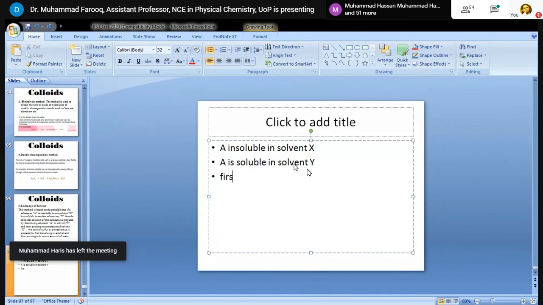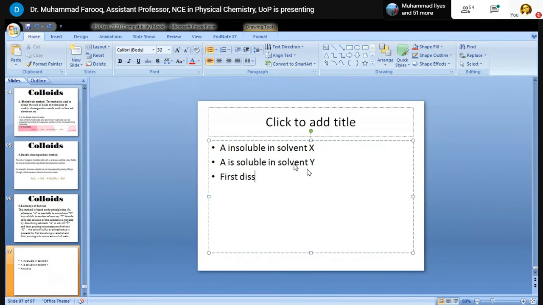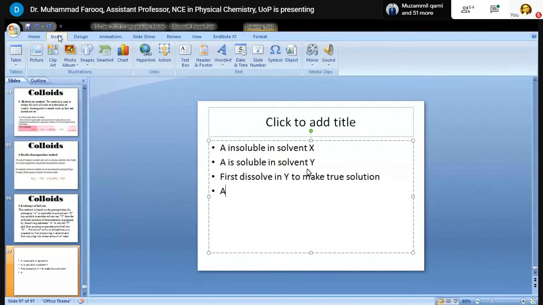First, dissolve A in Y to make a true solution. Is it clear or not? Yes sir, clear sir. A goes dissolved.